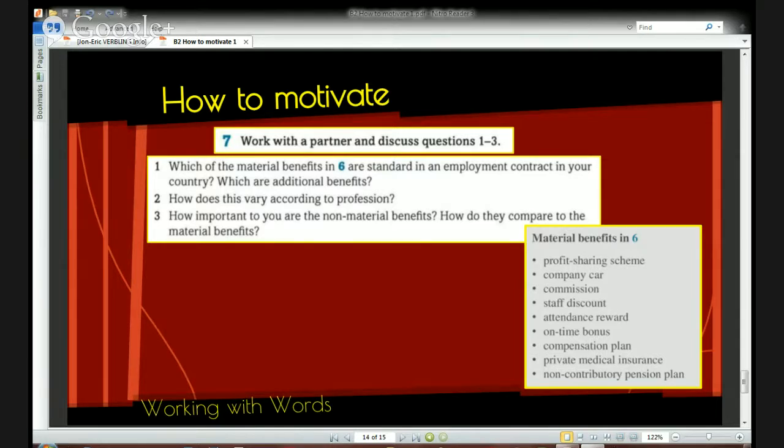When I worked in this company, I could get electric goods at discounted prices. I could buy a product with a discount. And attendance reward.